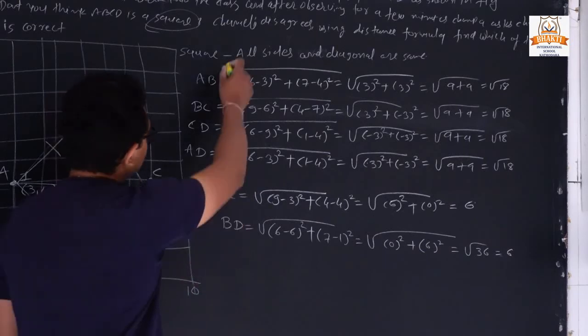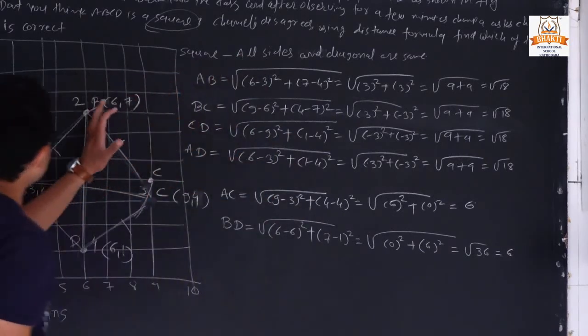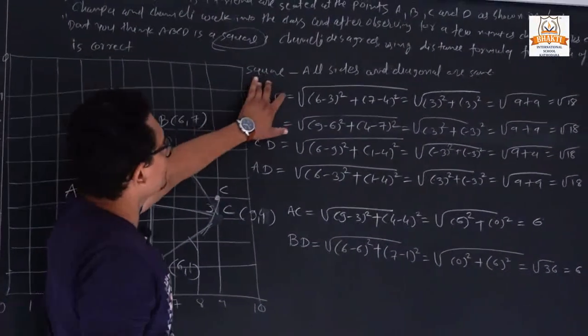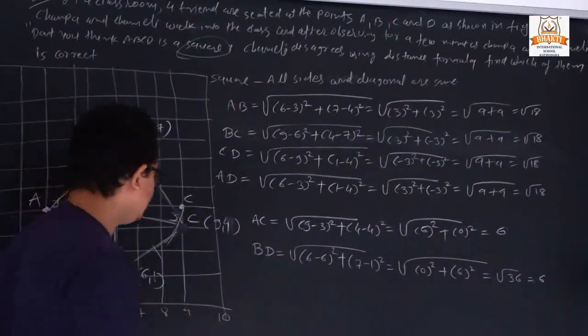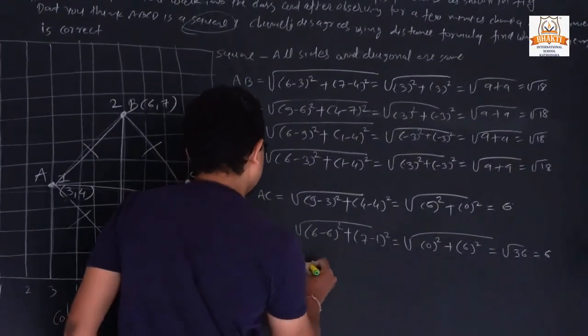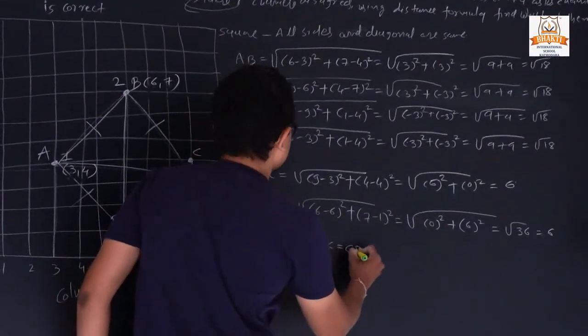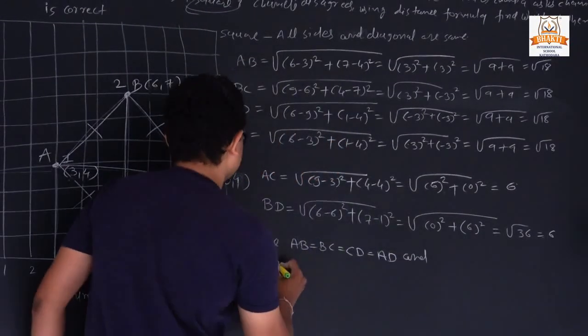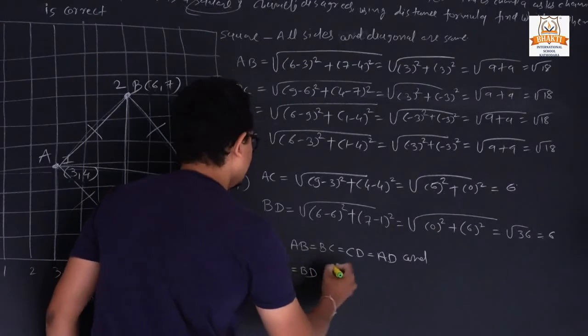So from this all you can see that all sides are same and diagonal measurements are also same. So it is our property of square. So we can say that here AB is equal to BC is equal to CD is equal to AD and AC is equal to BD.